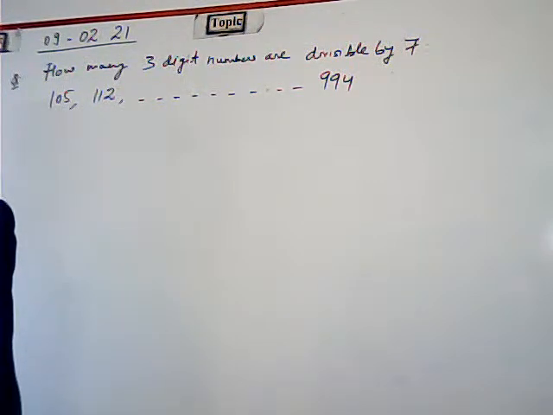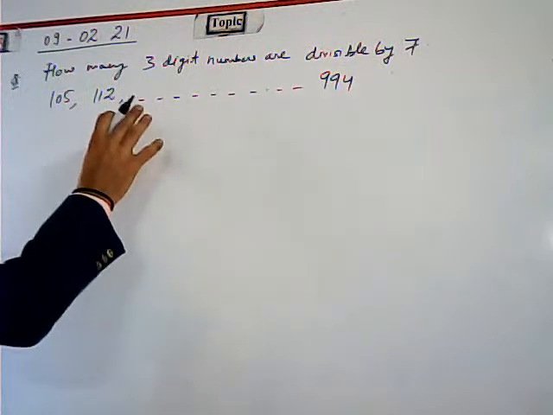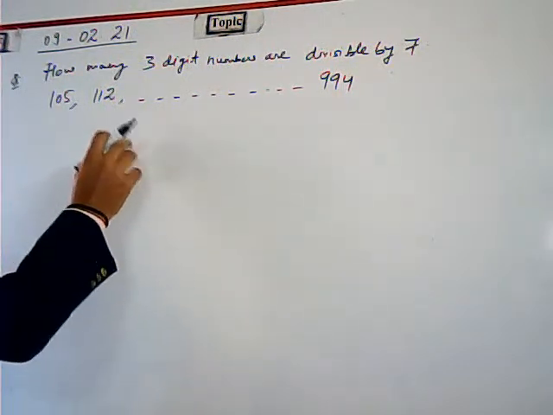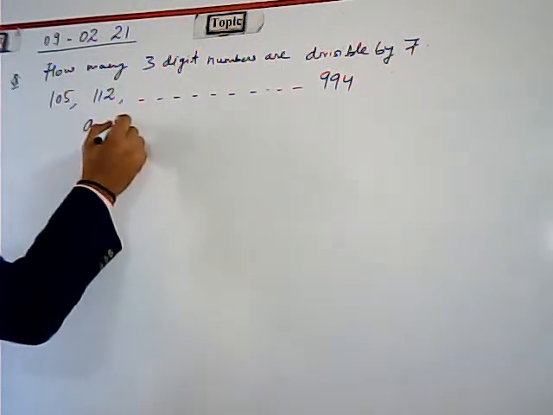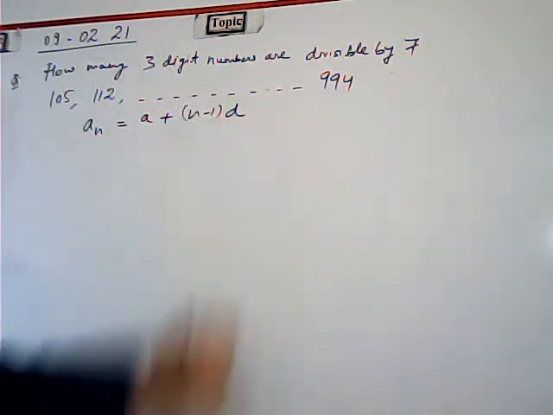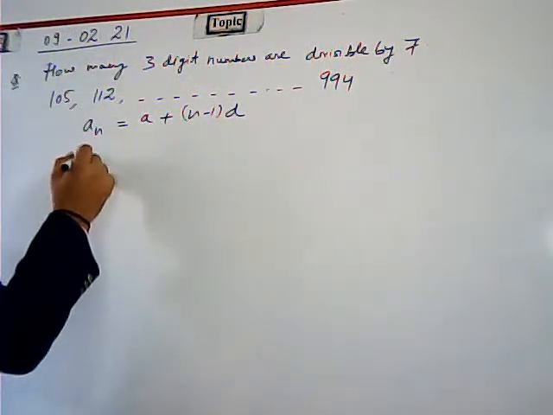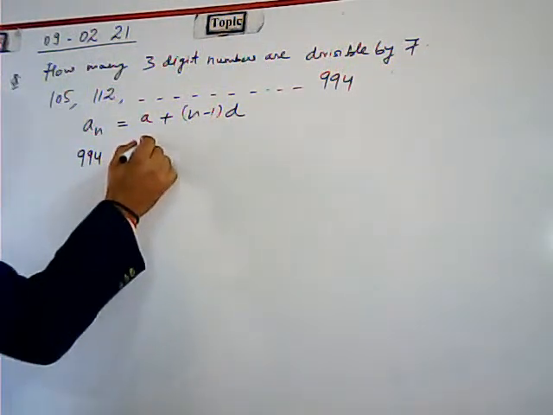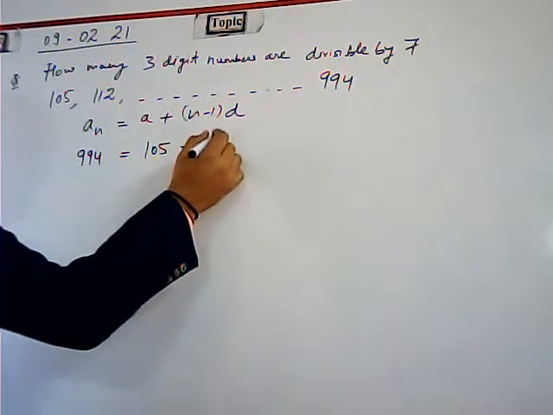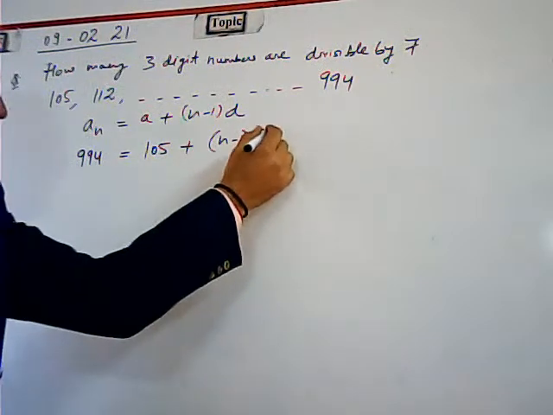leaving remainder 0. So here, to find how many numbers, we can apply the concept of AP, that is an is equal to a plus n minus 1 into d, right? So here we are interested in n. So 994 is equal to 105 plus n minus 1 into d. d here is 7, right?